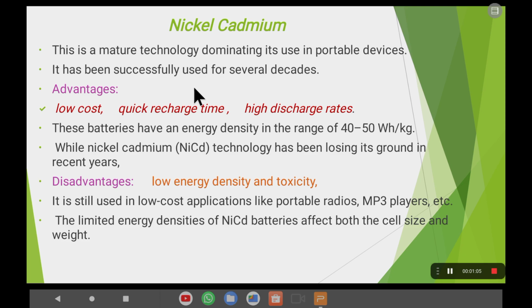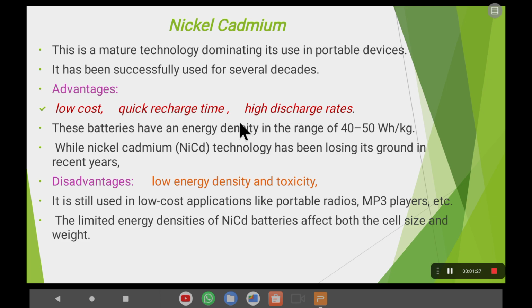Because of the following advantages, this kind of battery is a good fit for portable devices. These batteries are very low cost, recharging is very quick, and the discharge rate is high.